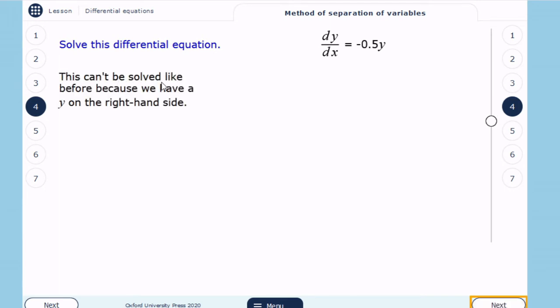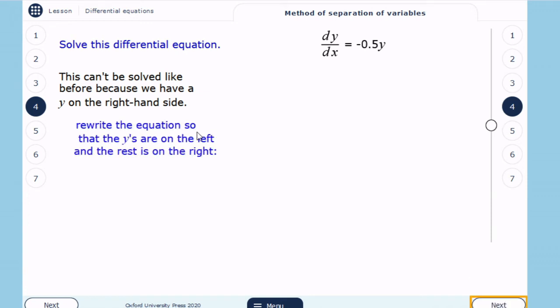Now, this can be solved like before because we have a y on the right hand side. So basically we are coming to the basic way of solving differential equations by separation of variables. Let's see what's happening. I will rewrite the equation so that the y's are on the left and the rest, if there was an x, on the right.